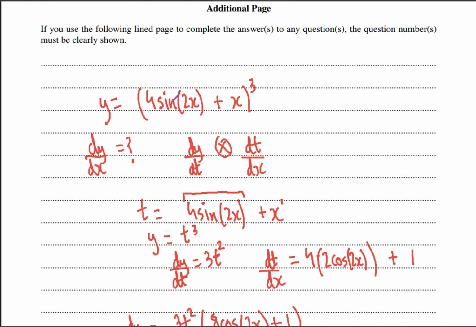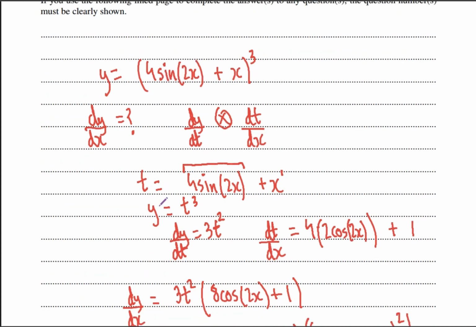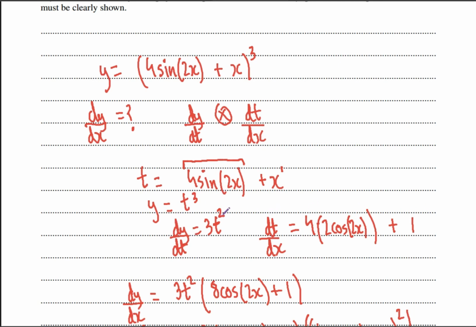So we let t equal a function inside the bracket usually, and we find dy by dt, which is always going to be very simple if it's a power, so that's 3t squared. And then we find dt by dx, which in this case we had to use our trig derivatives, but that was very easy.